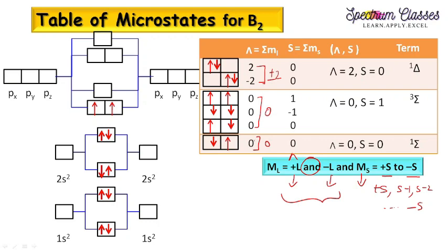Now you may ask, if you have assigned one state as a 0 state and here you have assigned three states as 0 state, I am explaining it on the basis of the spin. Here spin is 0 and 0 for both cases. But in this case I have +1, then 0 and then -1, meaning plus S to minus S one by one. So here +1, -1 and 0.